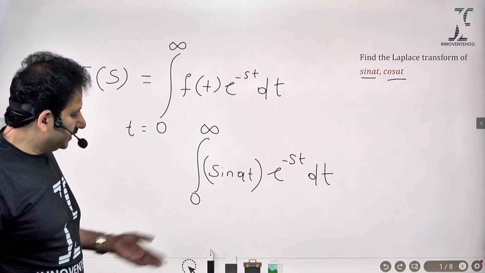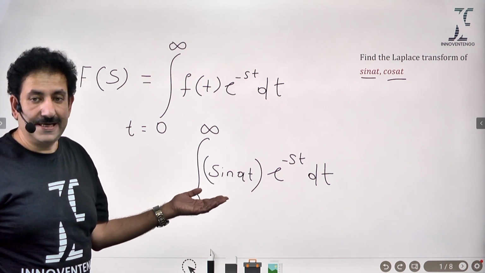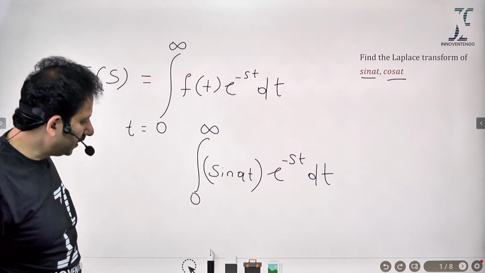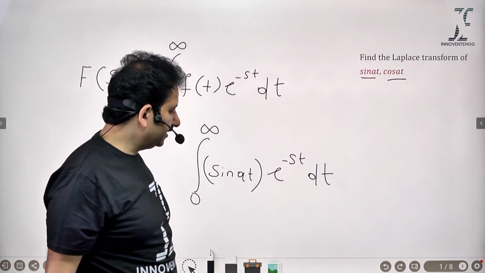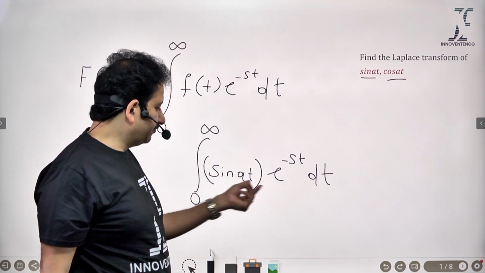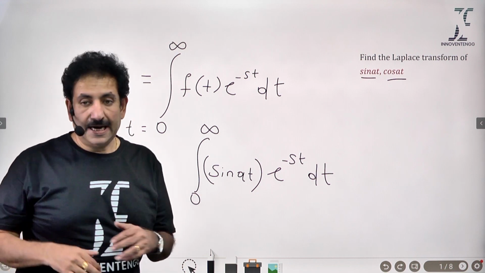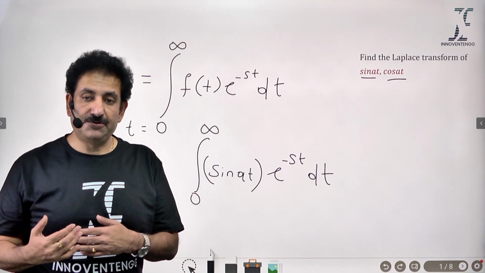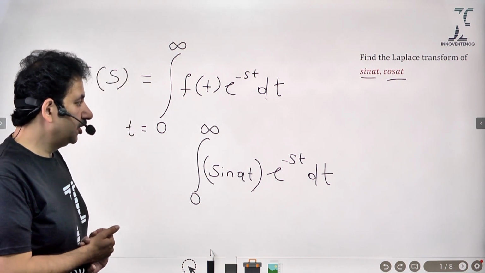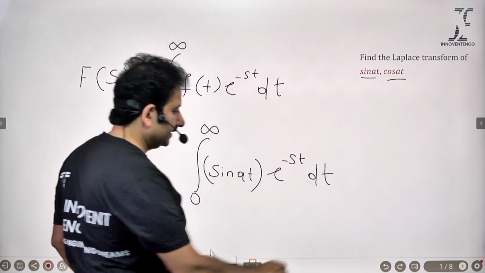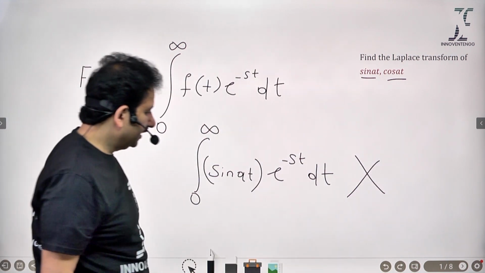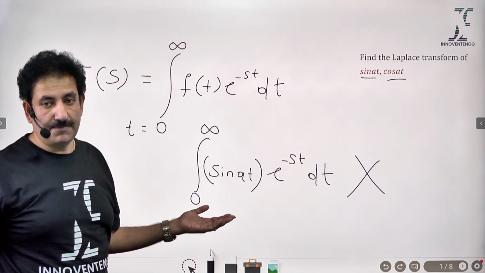But integrating this takes a significant amount of labor, because you will have to go for integration by parts. This should be the first function, this should be the second function, and after quite a few iterations you would be able to arrive at it. So this method is simply rejected, because it calls for a significant amount of labor.